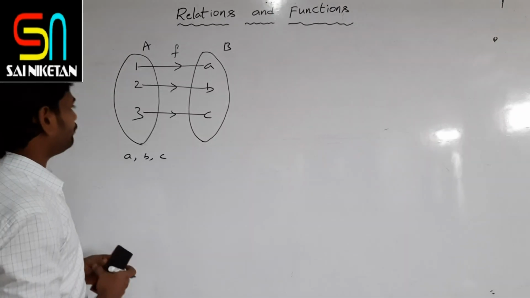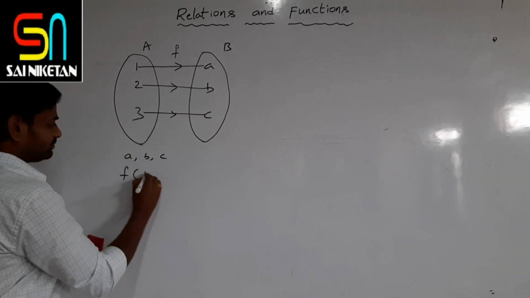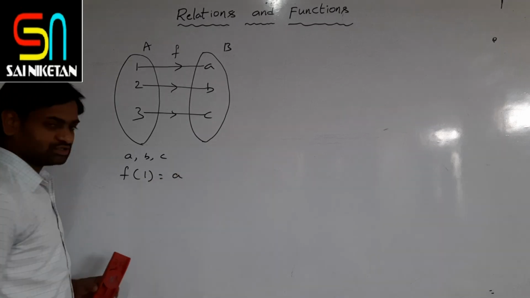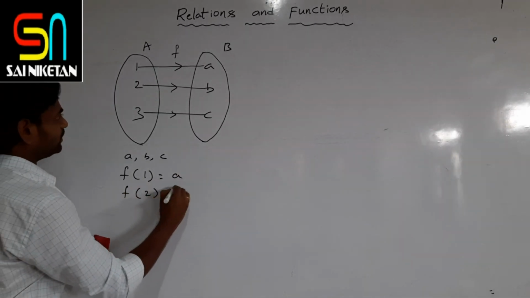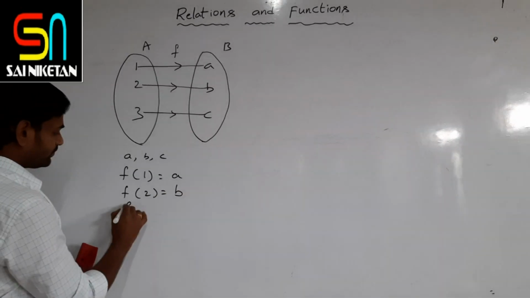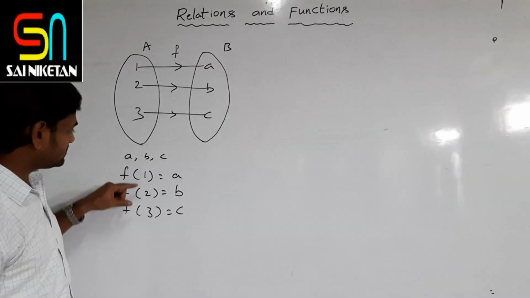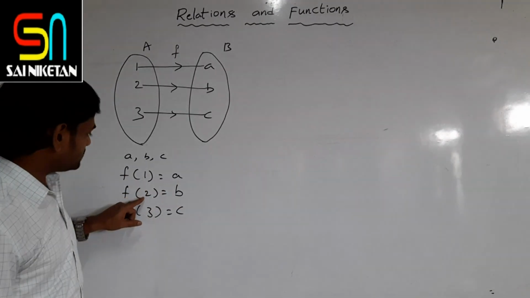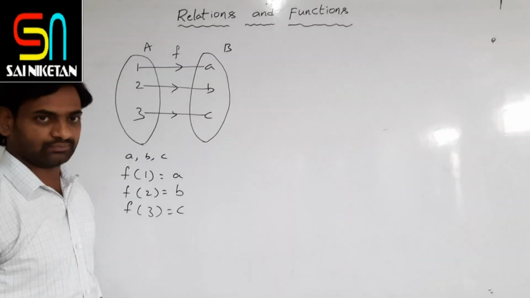So when these are the images, now we can write like this. F of 1 is equal to small a. Next, F of 2 equal to small b. F of 3 equal to small c. That means the image of 1 is a, the image of 2 is b, the image of 3 is c. Okay.